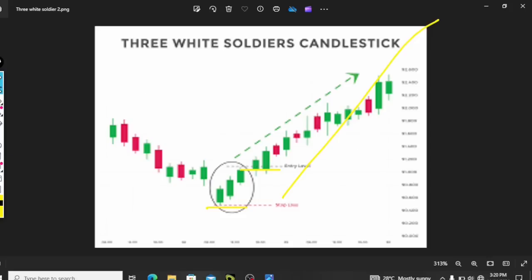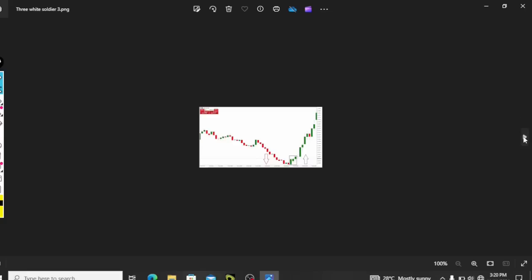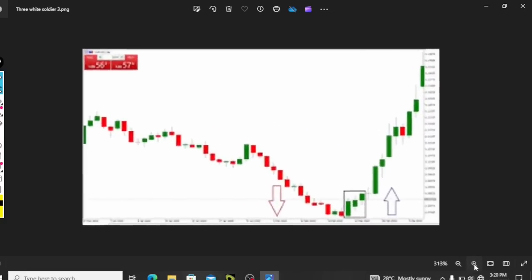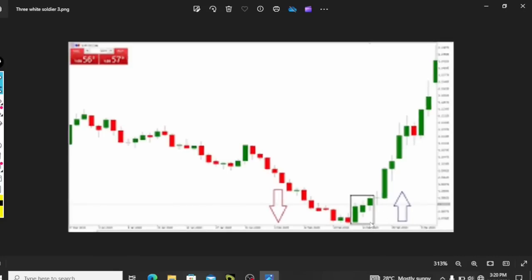No need to fear, only trade with confidence and trade what you know. And what you know here is that this is three white soldiers, and whenever you see the emergence of three white soldiers, it indicates that the bulls are in total control of the market, and the market is definitely gonna go up anytime soon. Therefore, you place your trade without delay.